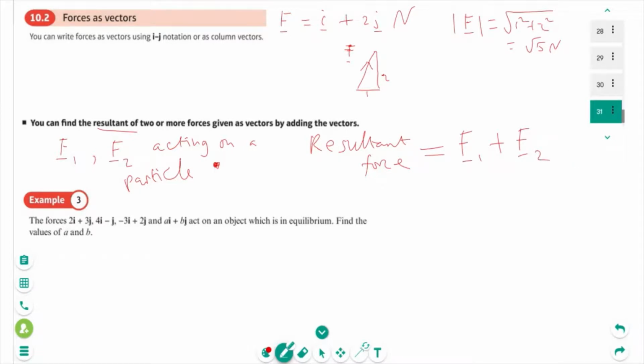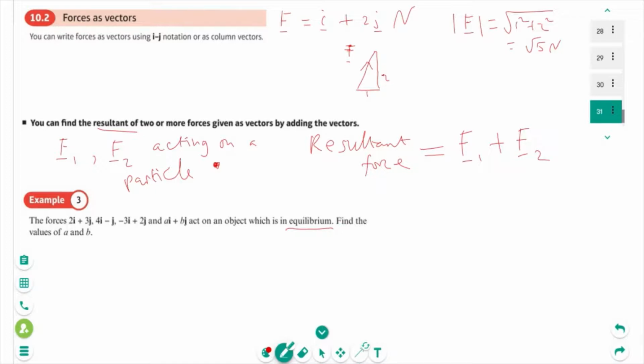Example 3. You've got four forces, 2i plus 3j, 4i minus j, minus 3i plus 2j, and ai plus bj, acting on an object which is in equilibrium. Equilibrium means everything is balanced, so the sum of all the forces is 0.